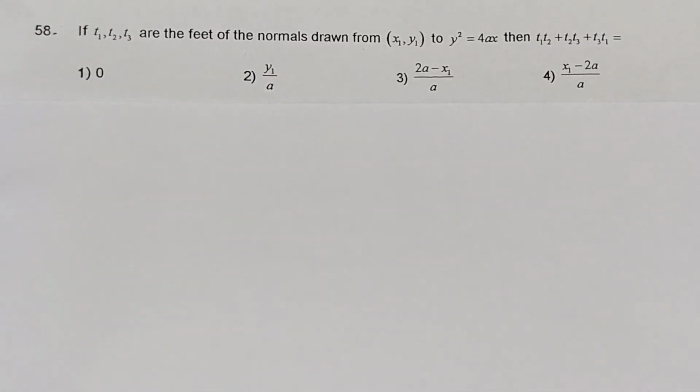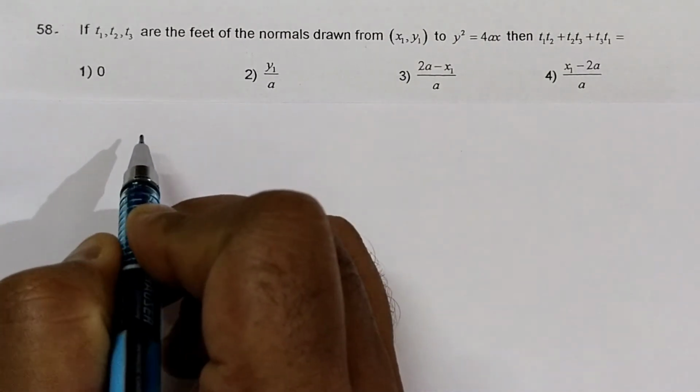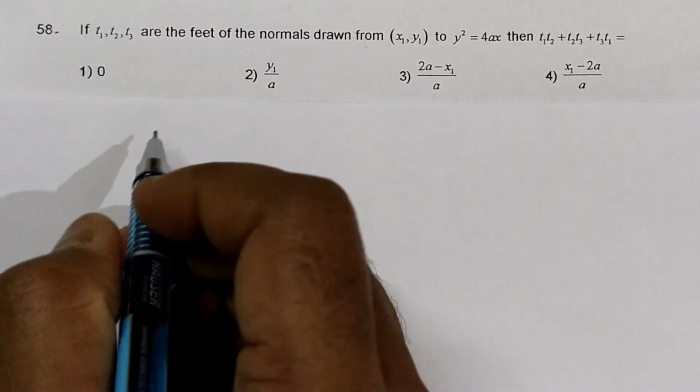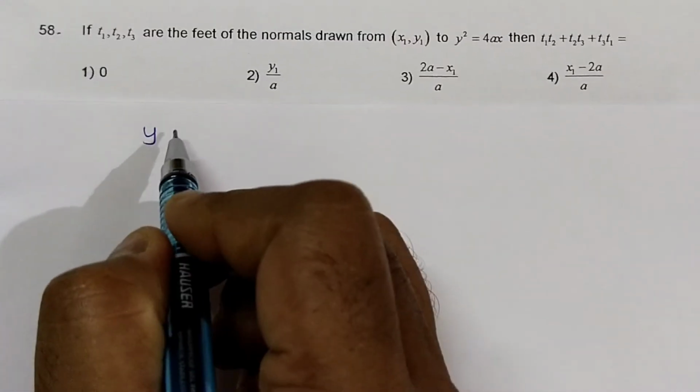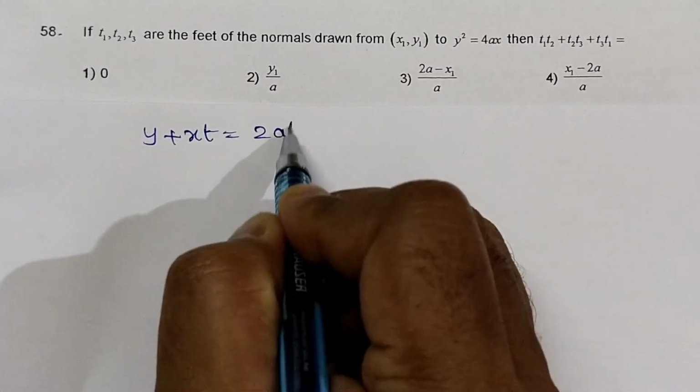If t1, t2, t3 are feet of normals drawn from (x1, y1) to the parabola y² equals 4ax, then what is the equation of the normal at P(t) to the parabola y² equals 4ax? y plus xt is equal to 2at plus at³.